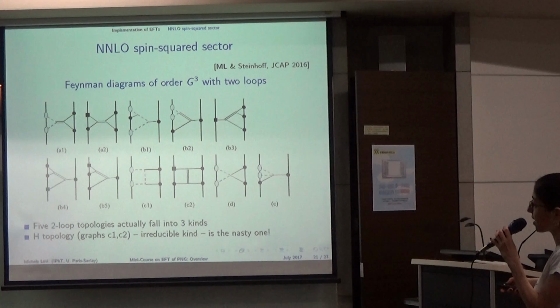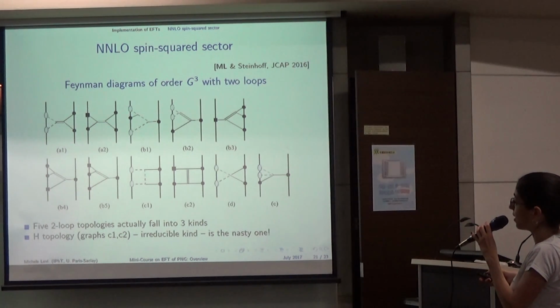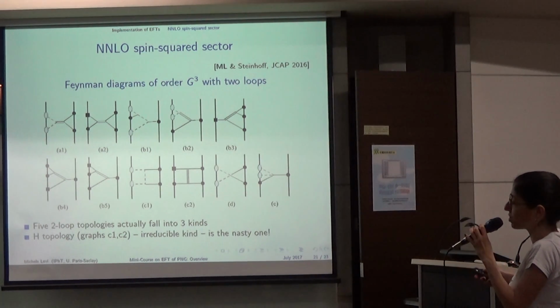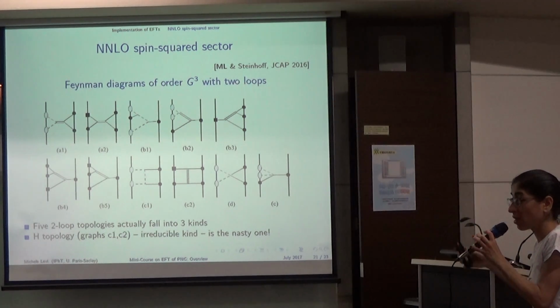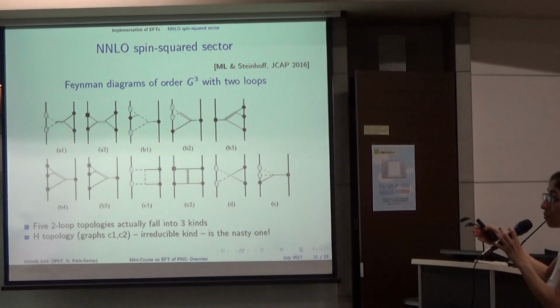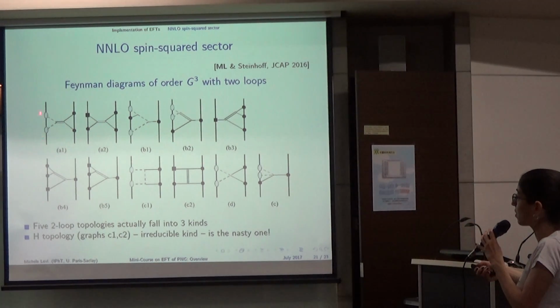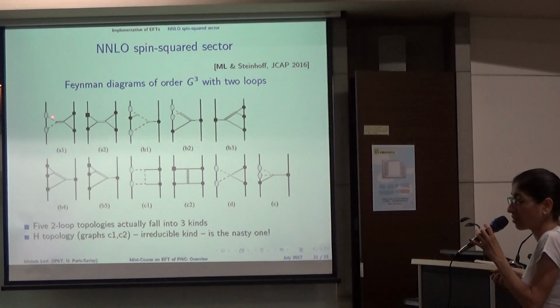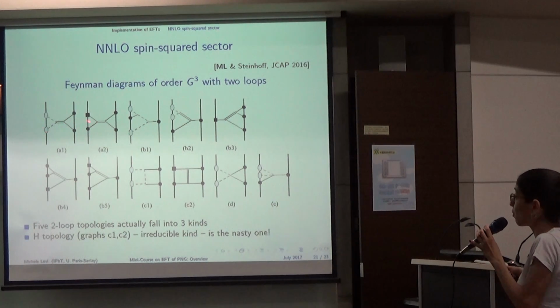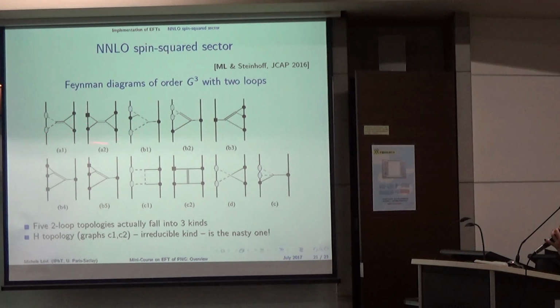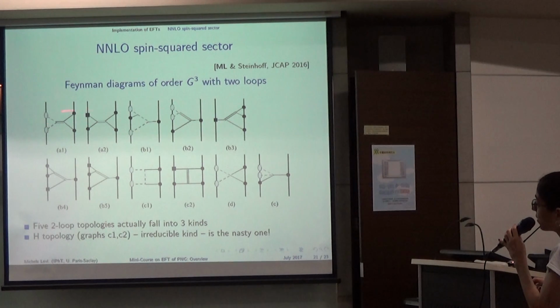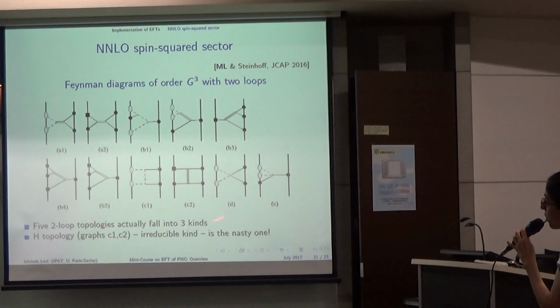So spin squared, as I tried to explain, is the part of the interaction that contains the spin of the same object, and not the spin of the object at another point in time, as you can see here, or just the quadrupole which is induced by spin, the spin squared quadrupole, which is interacting with point masses. So here you see the most difficult part to compute from the next to leading order spin squared interaction.